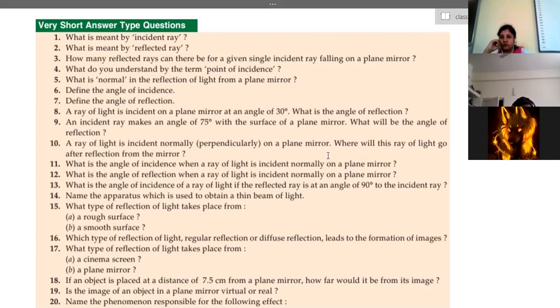Third answer. Ma'am, 1. One single incident ray, the reflected ray will be single.